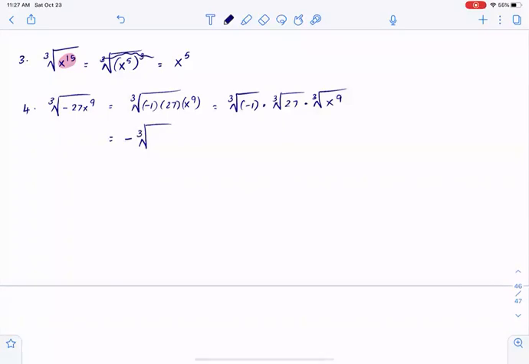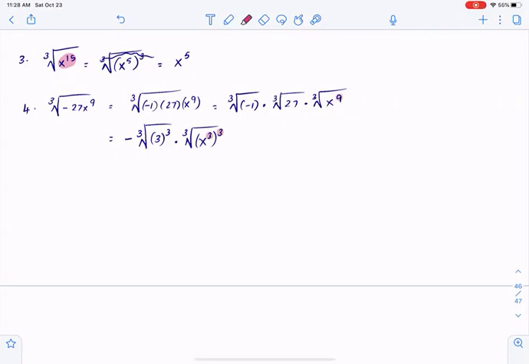I would like to express 27 as a perfect cube of a number. So 3 cubed. I want to write x raised 9 as a cube. X cubed raised 3, because 3 times 3 would be 9.